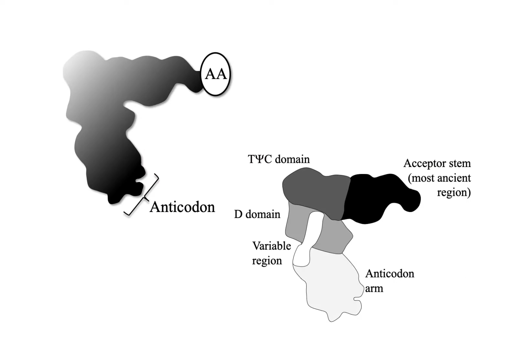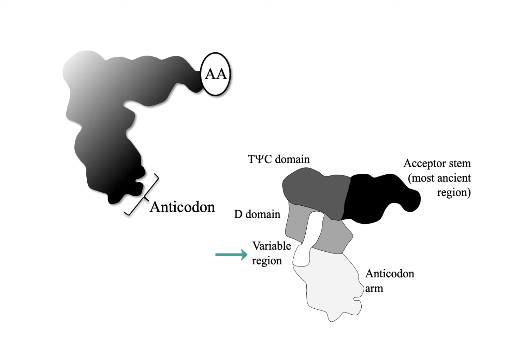So by comparing various tRNAs, it's been determined that the acceptor arm is the most ancient region, and then the T pseudo UC domain is a little younger than that. And then the D domain and the anticodon arm are more recent, and the variable region is even more recent than those.